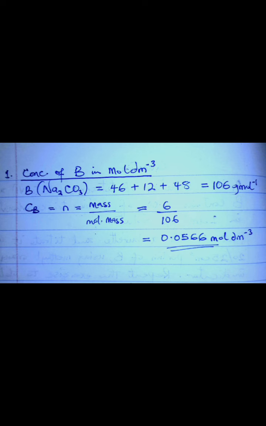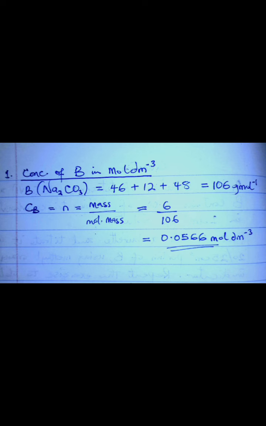So concentration of B in mole dm cube is like finding the number of moles, that's the amount of moles. So n, the number of moles, equals mass over molar mass. And the mass is 6 grams of B, as the question gives us, that was dissolved, and the molar mass is 106 gram per mole.